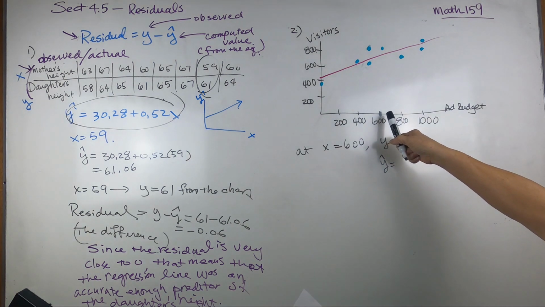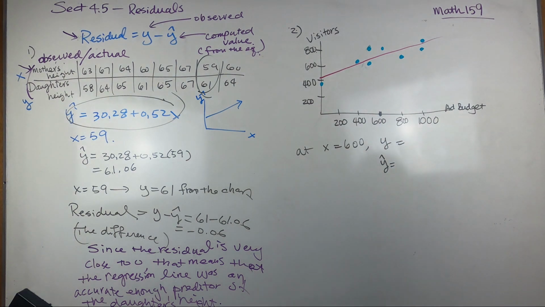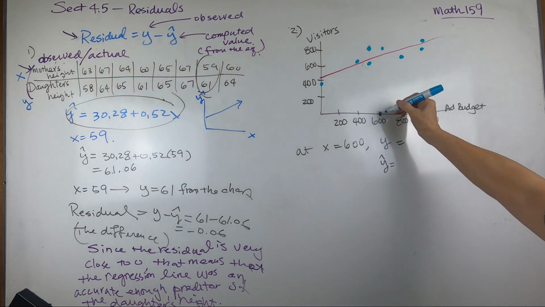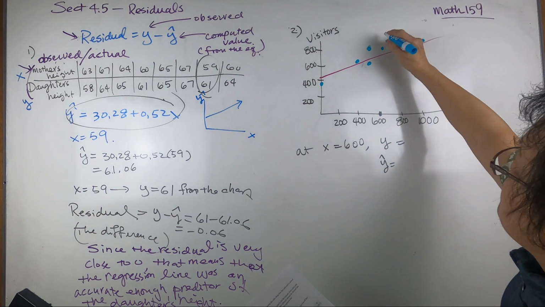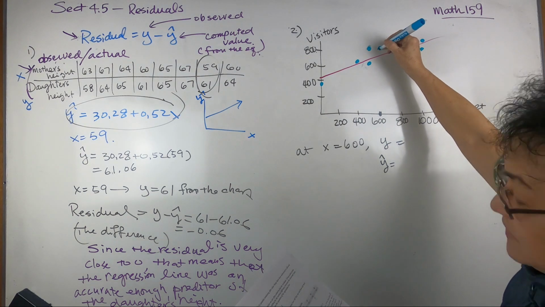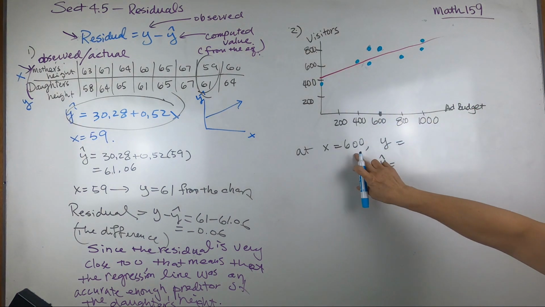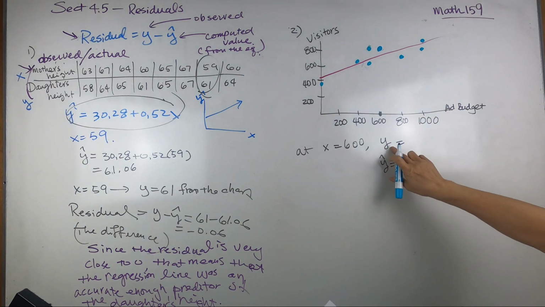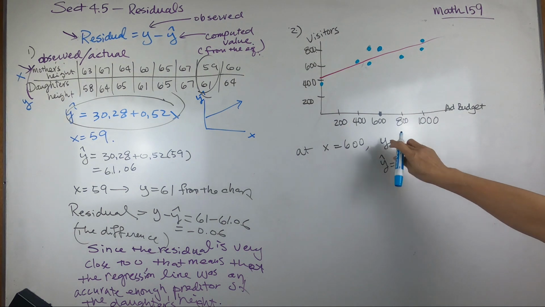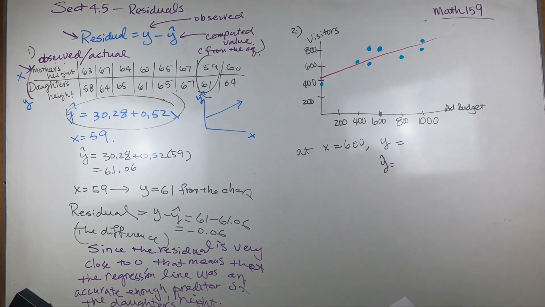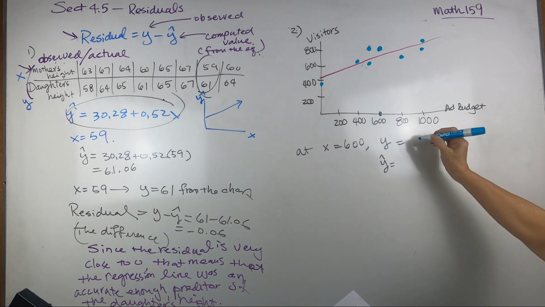So x is 600, and y is the actual, right? Y is observed, so y should be here, 800.